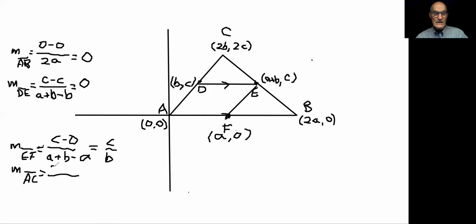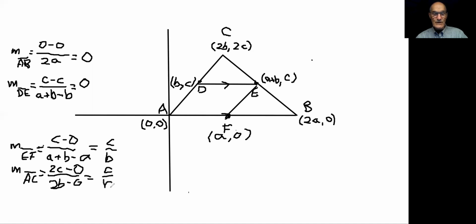So I've got 2C minus Y1, which is 0 here, over 2B minus 0. So that's X2 minus X1. And what I end up with is C over B.